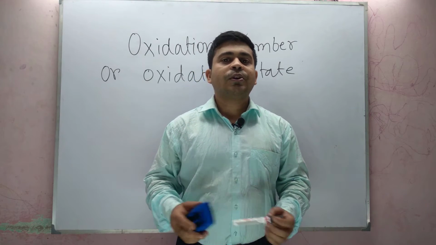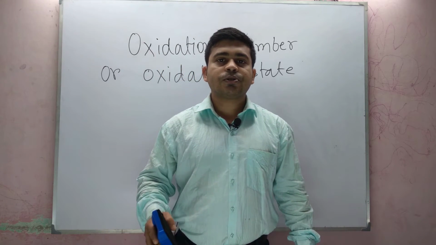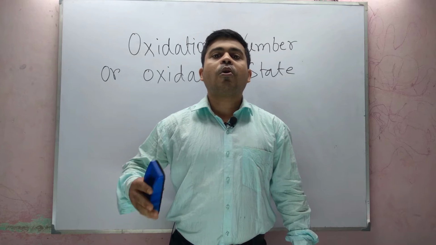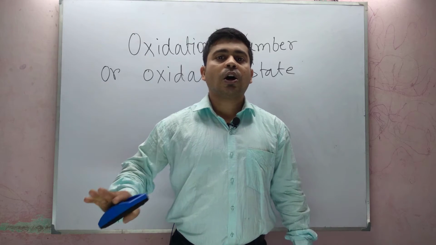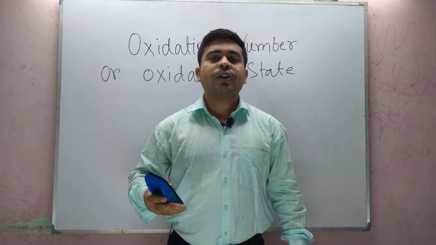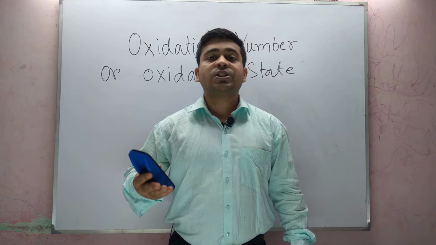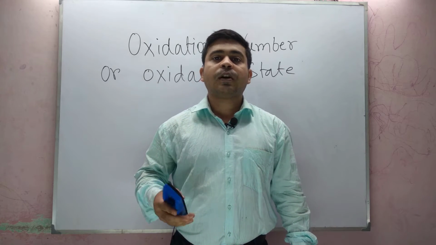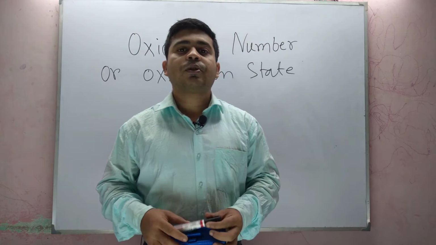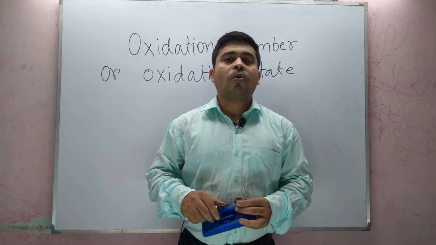Oxidation number is the number of electrons gained or lost to form a bond with other atoms. Or you can define oxidation number as the charge that should appear after the removal of the other ions.